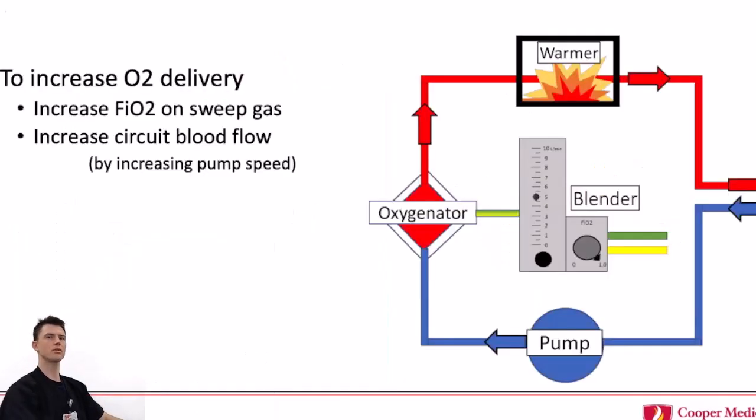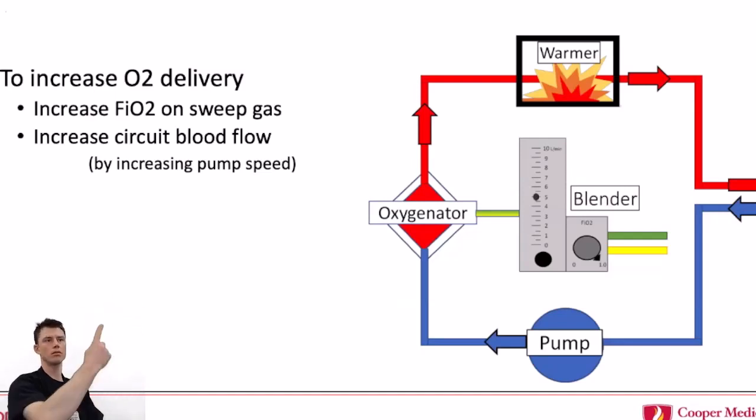What about for CO2? That's the sweep. If we go up on the sweep, do we clear more CO2 or retain more CO2? Clear, right? Think about it like the ventilator. The more we go up on a respiratory rate or the tidal volume, the more CO2 we blow off the patient.